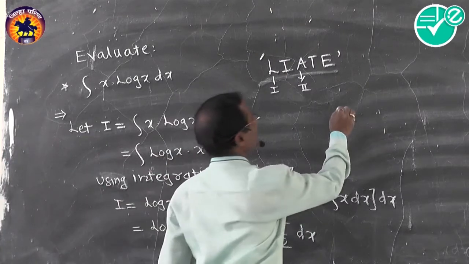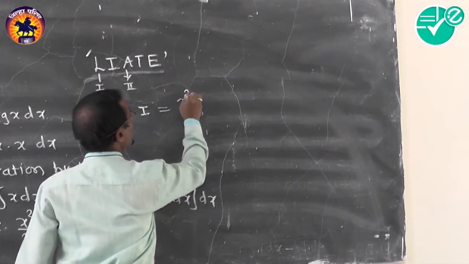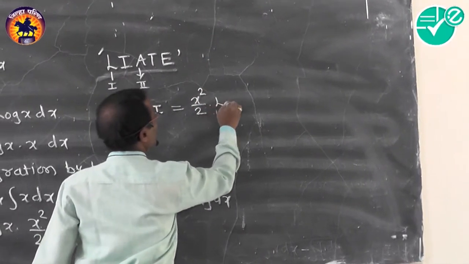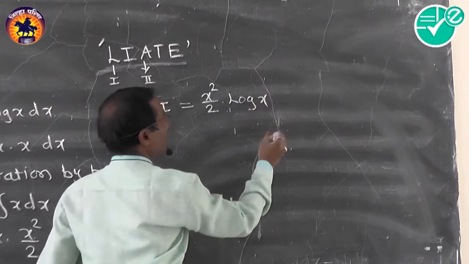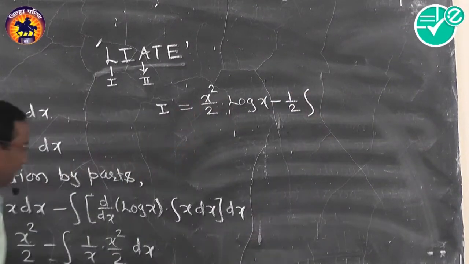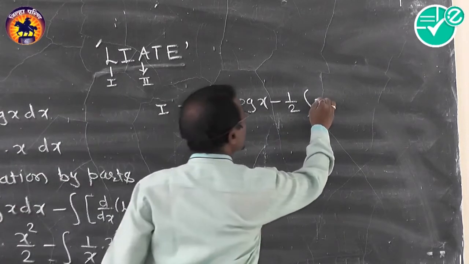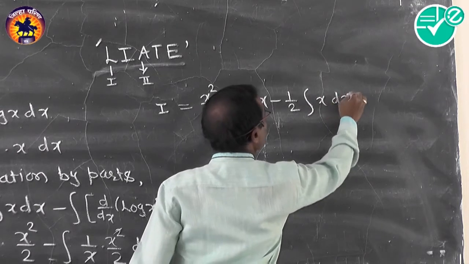So we get I is equal to x square by 2 into log x minus 1 by 2 into the integral of, here 1 x will cancel, we get x dx.